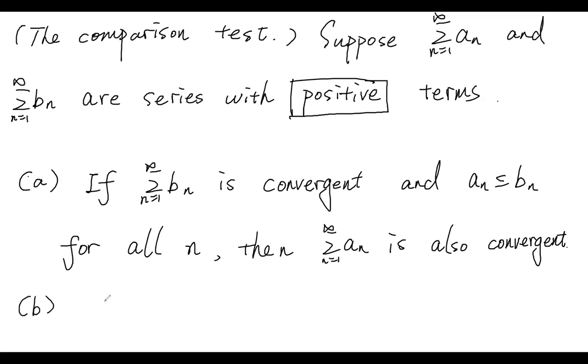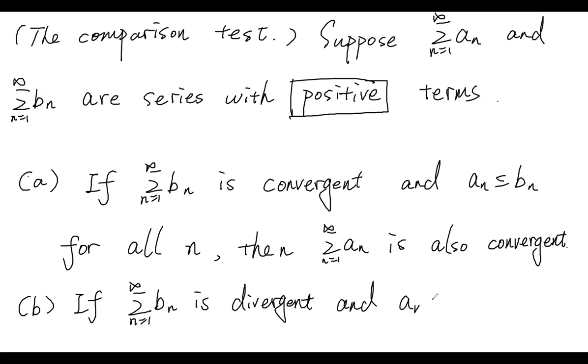On the other hand, if the series Bn is divergent and An is greater than or equal to the corresponding term in Bn for all n, then the series An from 1 to infinity is divergent.